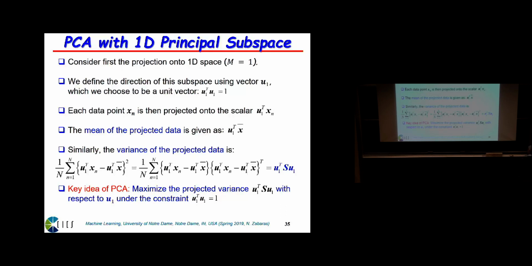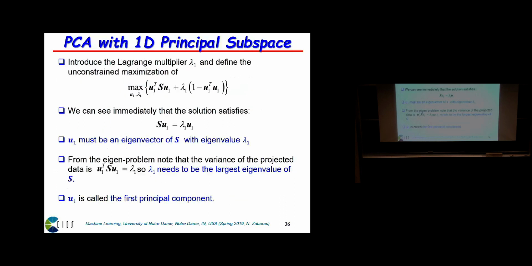So if you agree, then the key idea of PCA is to maximize the variance of the projected points, but obviously because we want to identify U1, we're going to make it have magnitude equal to 1. So we're going to maximize this with the constraint that U1 transpose U1 is equal to 1.